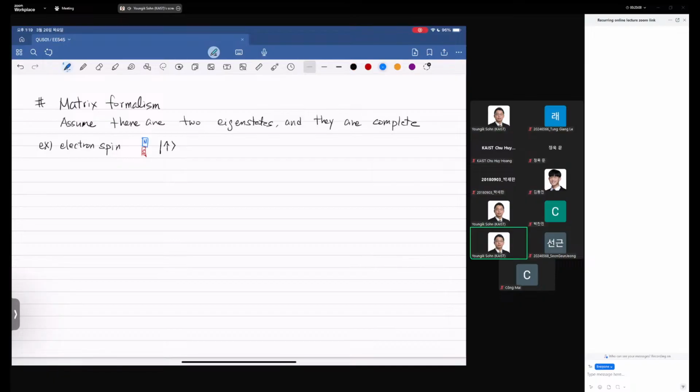And then if it's pointing down, you flip it, you can mark it this way, okay? So it's the same as a quantum computer's qubit. A quantum computer's qubit can be made out of many different things, but electron spin is one good example of how you can build a qubit.